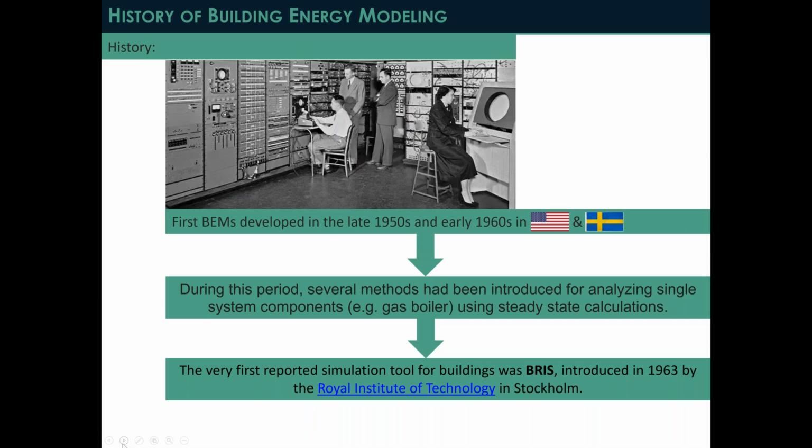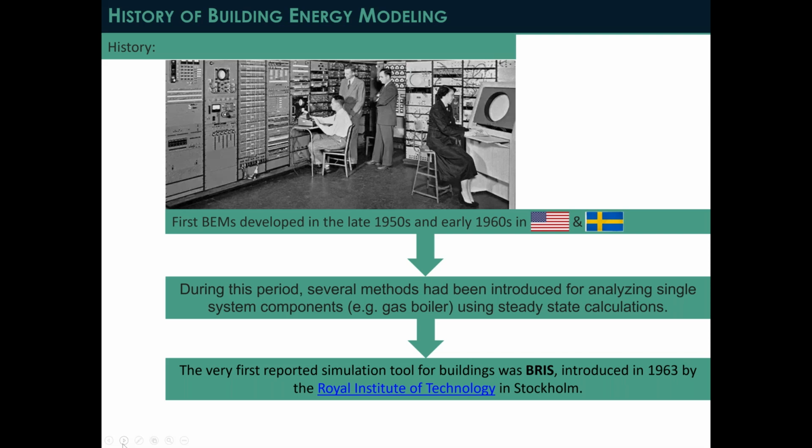Let's briefly go through the history of building energy modeling. When we talk about energy modeling, everybody thinks it started just in recent years, just a few years ago, but the answer is no. Energy modeling history goes back all the way to the first time the computer was invented. It was developed in the late 1950s and early 1960s in the United States and Sweden. The reason was that it was a very important aspect.